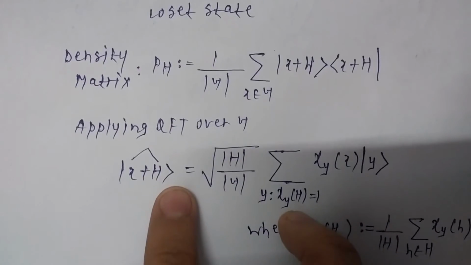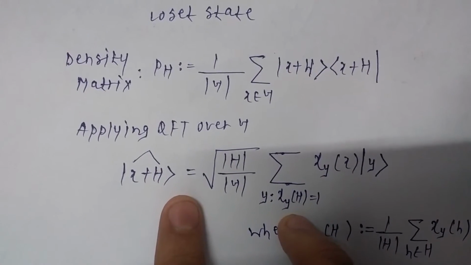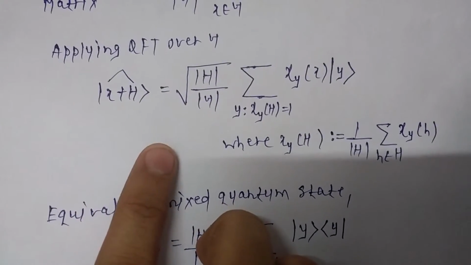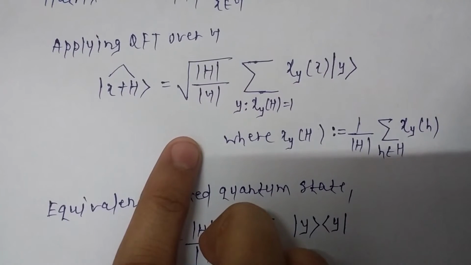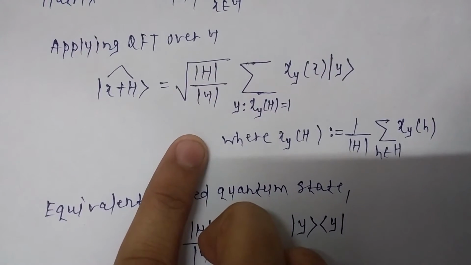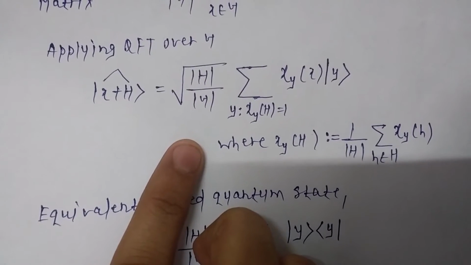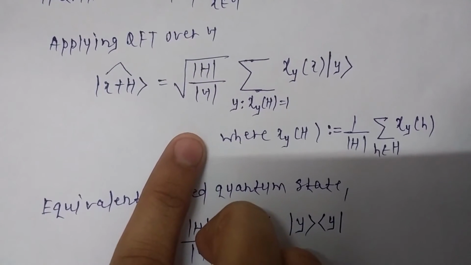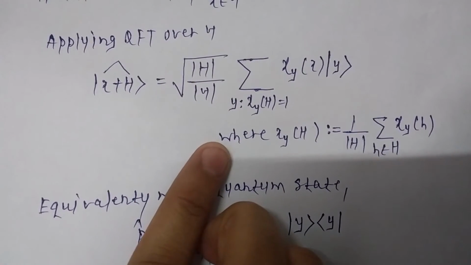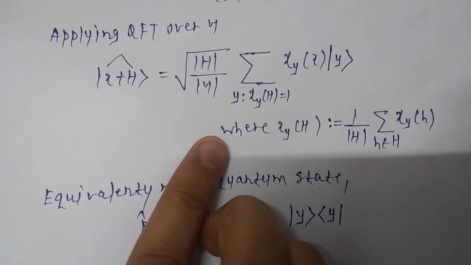Now we apply the QFT, the quantum Fourier transform, over G. The result of this is equal to root of the number of elements in the subgroup H divided by the number of elements in the group G, times the summation of chi_y(x) times the qubit y, where chi_y of capital H should be equal to 1.